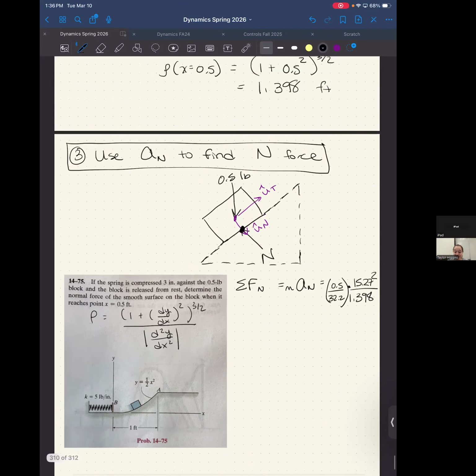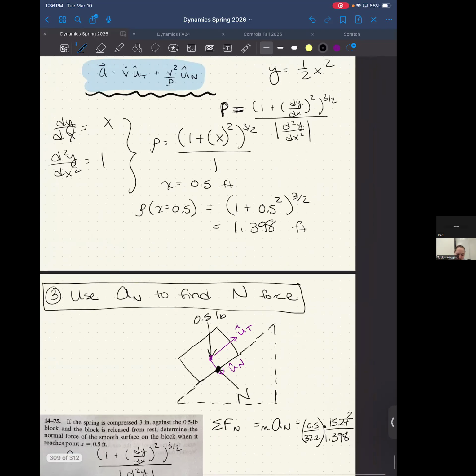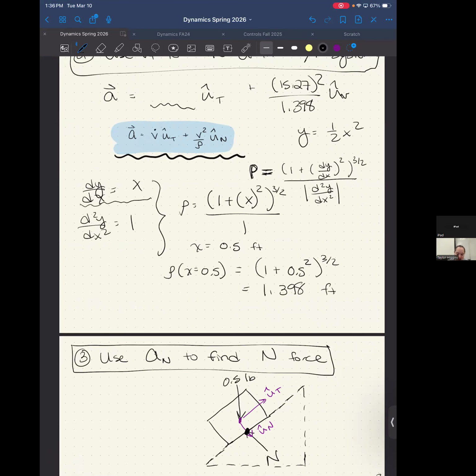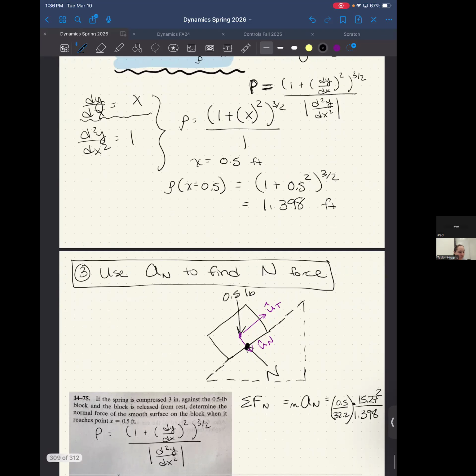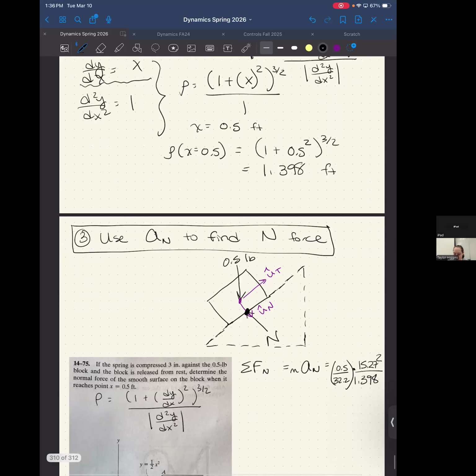So it says that the slope, dy/dx, is equal to x, which is 0.5 feet. That's the rise over the run. So y component over the x component equals 0.5.